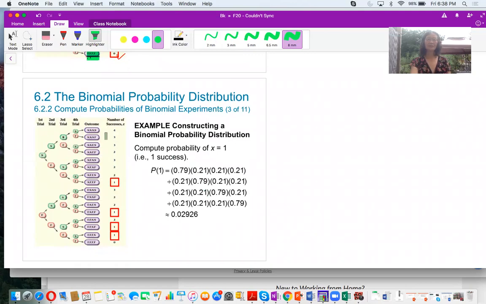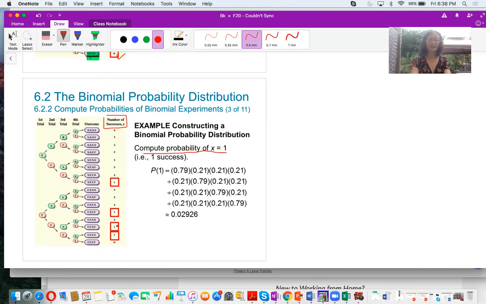The same situation, but a different question. The question asks you to compute the probability of x equal to 1. Remember, x represents the number of successes.